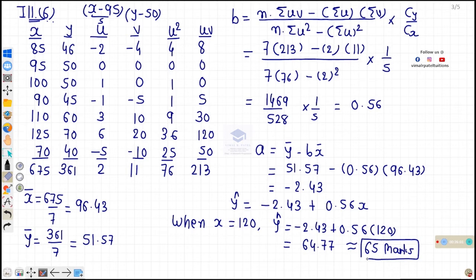Now you have to find out the error of estimation E when x is equal to 100.